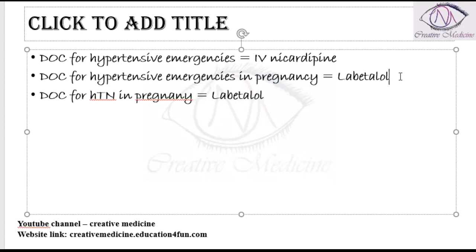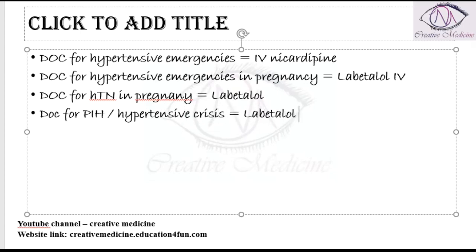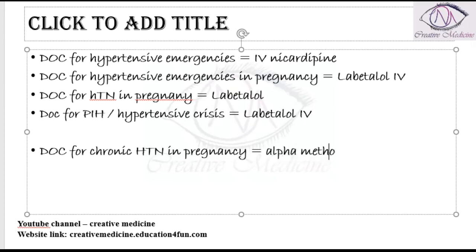In hypertensive emergency we give labetalol by intravenous route. The drug of choice for pregnancy induced hypertension or hypertensive crisis in pregnancy is again labetalol, given by intravenous route. Then the drug of choice for chronic hypertension in pregnancy is alpha methyl dopa.